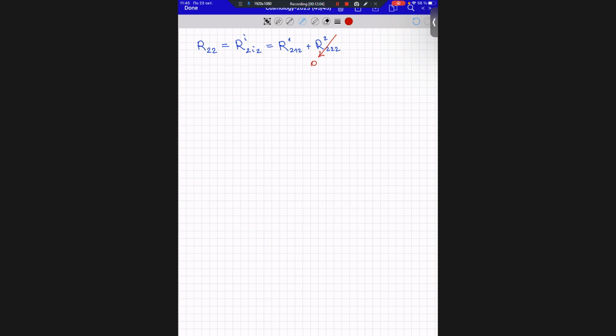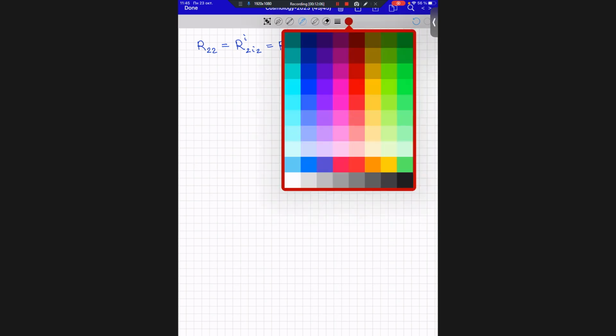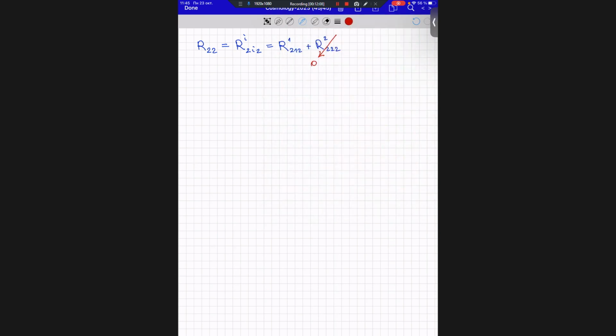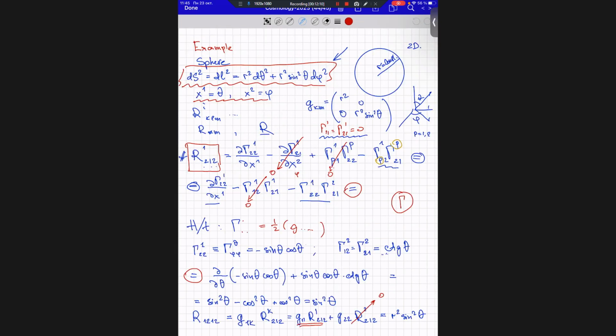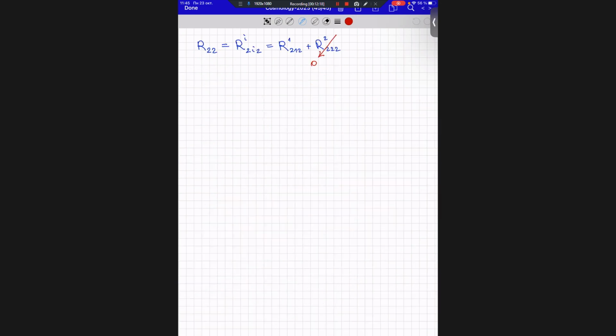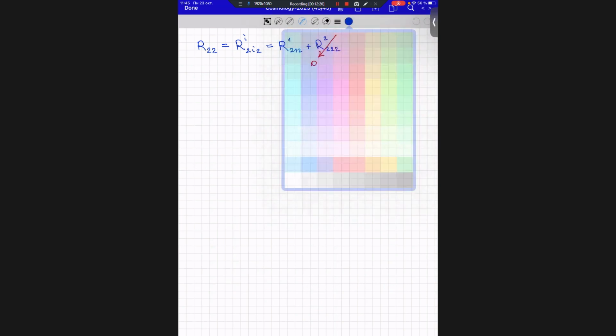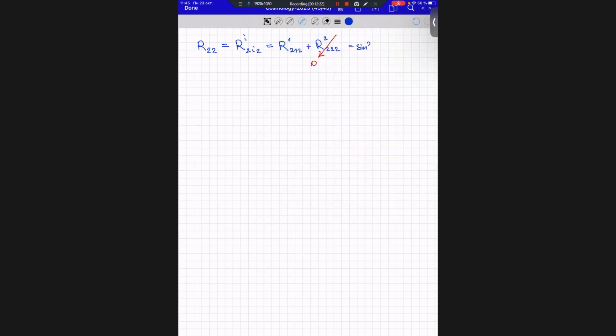And if we put here R^1_212, this is sine squared theta.